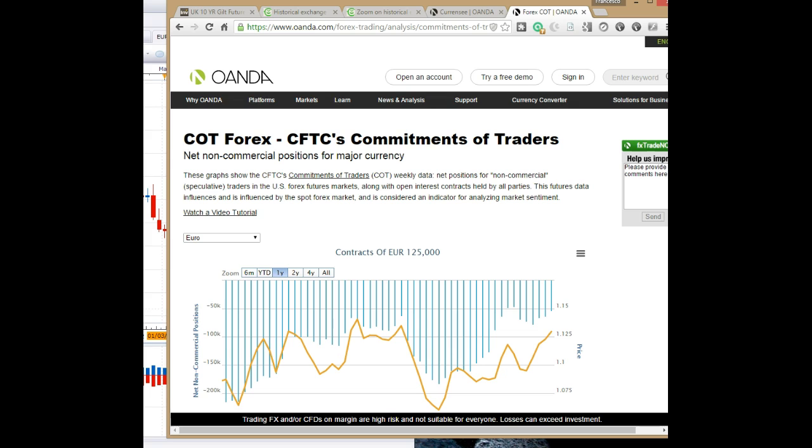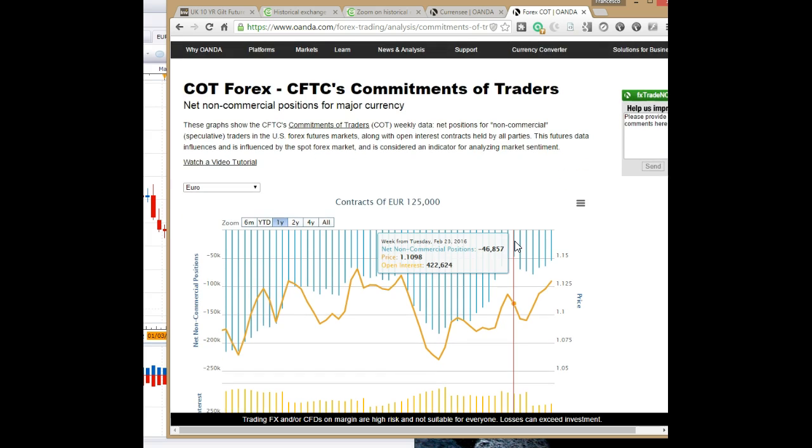This is the OANDA commitment of traders from the CFTC. CFTC is the Chicago Futures Trading Commission, I think, commitment of traders report. And this is the chart they've put up.